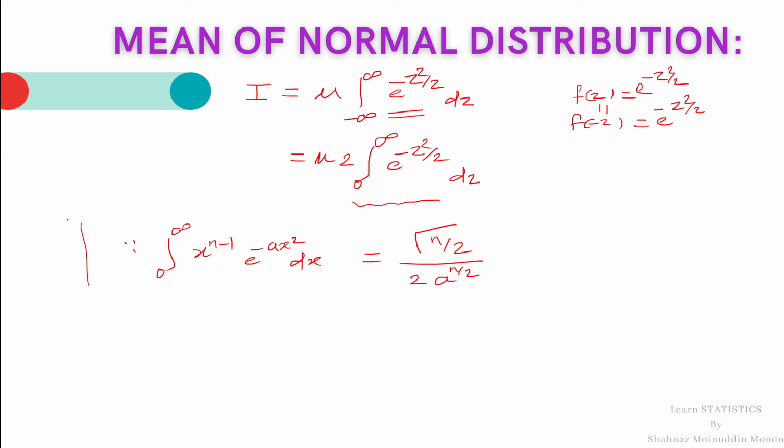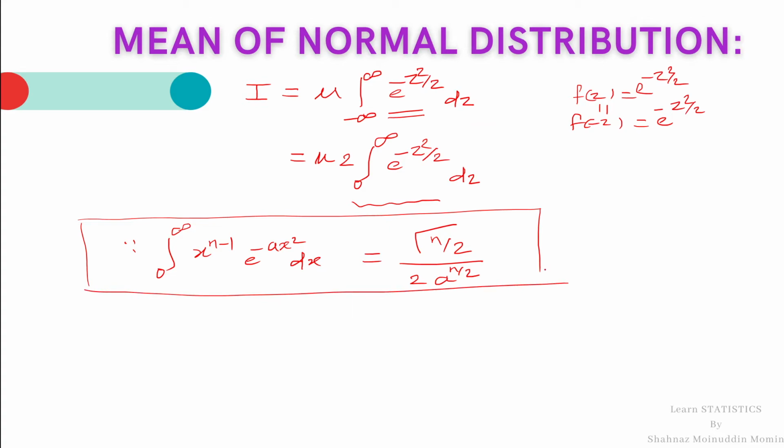This is the value of the second type of gamma integral. In the normal distribution, we need this integral in each calculation of mean, variance, median, mode, quartiles, etc. So students are requested to memorize this gamma integral for our calculation.